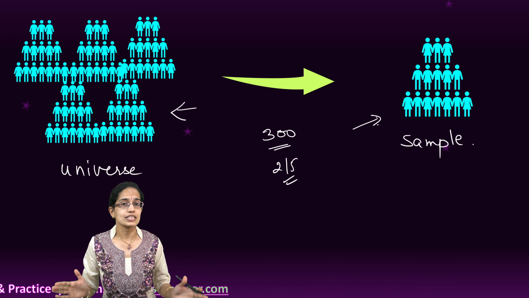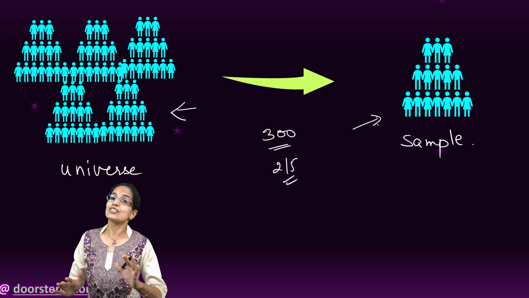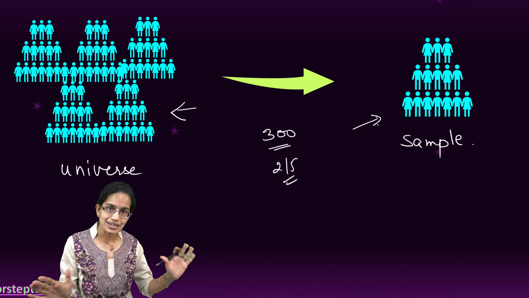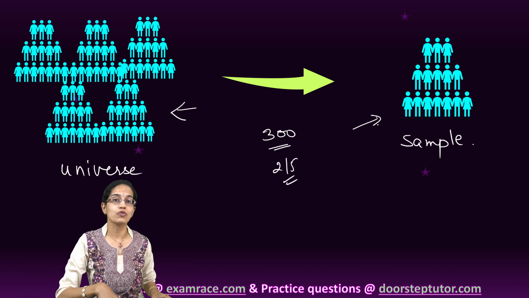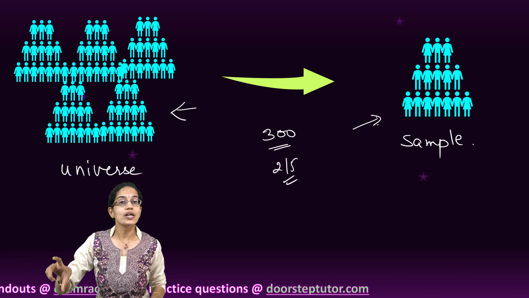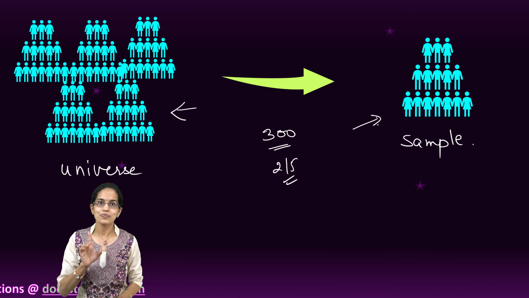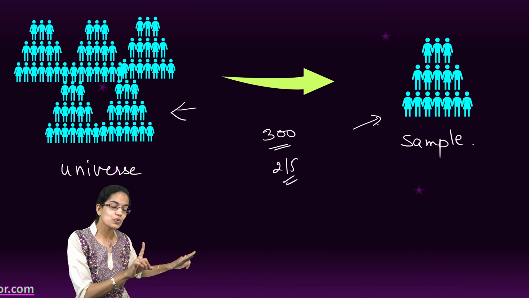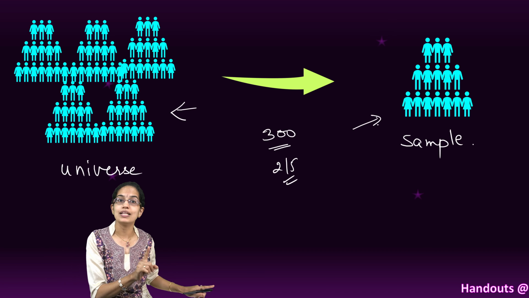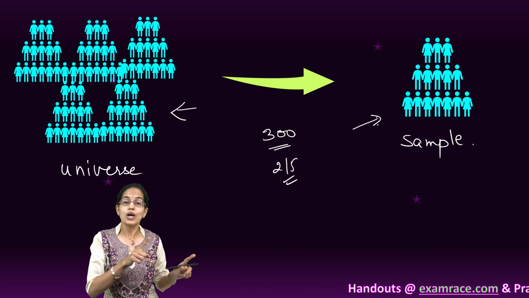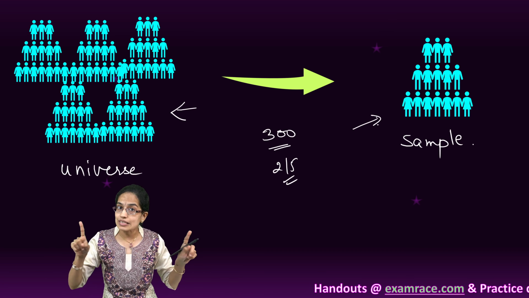In statistics, what we usually do is, it's not practically possible to cover the universe, so we move on to the sample. Now understand this point here itself very carefully: if I am talking about the universe, I am having the actual values, but when I am doing a survey on the sample, it is an expected value, and there is a difference between the actual value and the expected value.